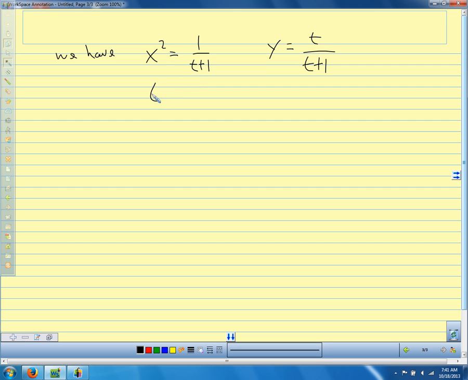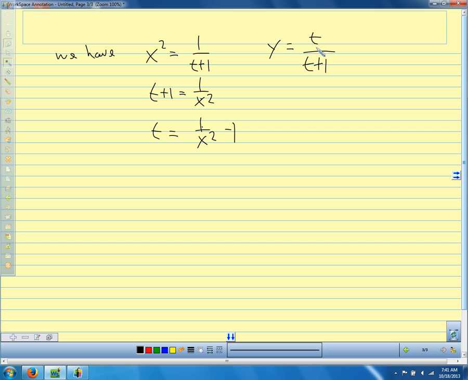So I get t plus 1 equals 1 over x squared. Multiply both sides by t plus 1, divide by x squared. So t equals 1 over x squared minus 1.